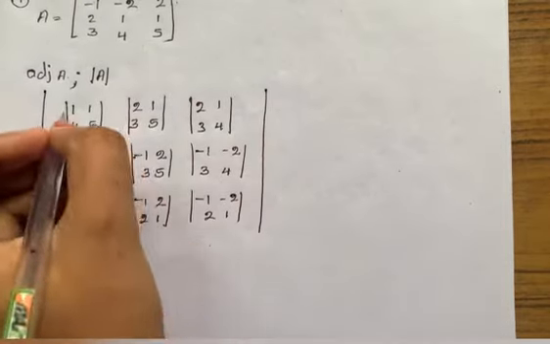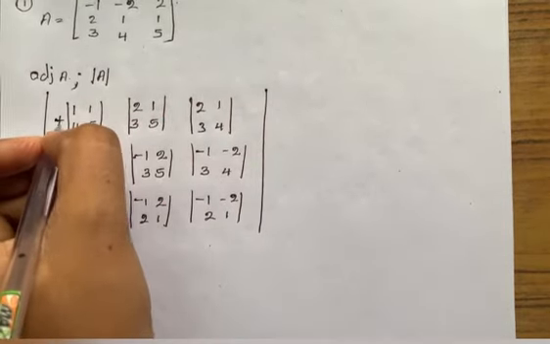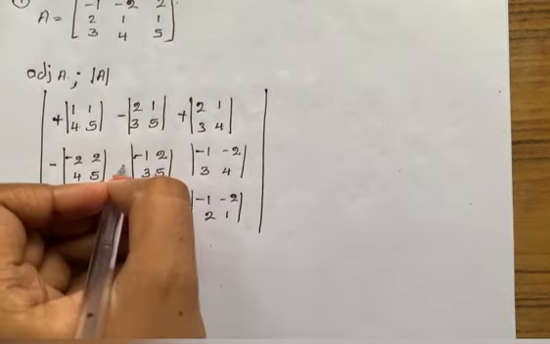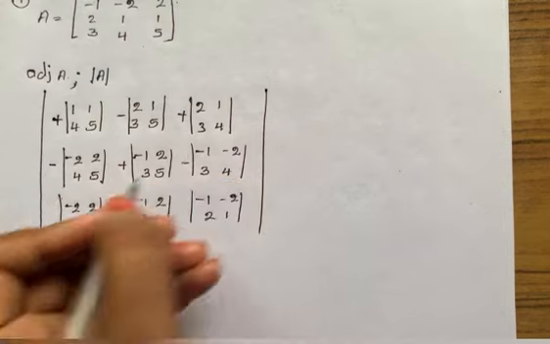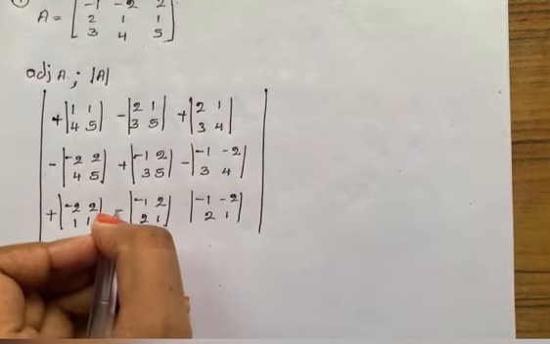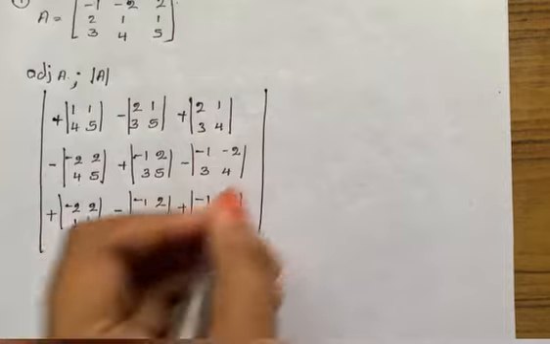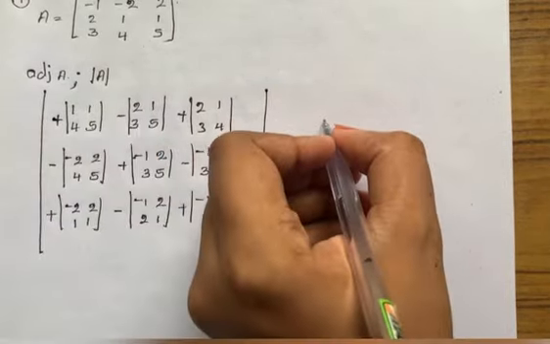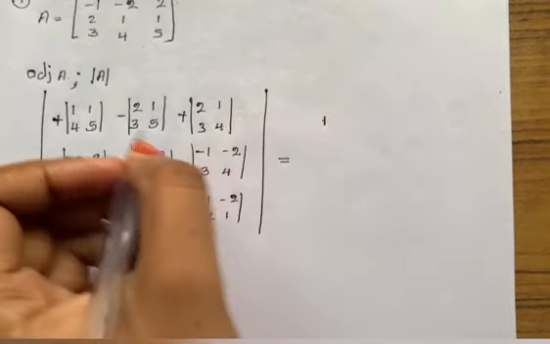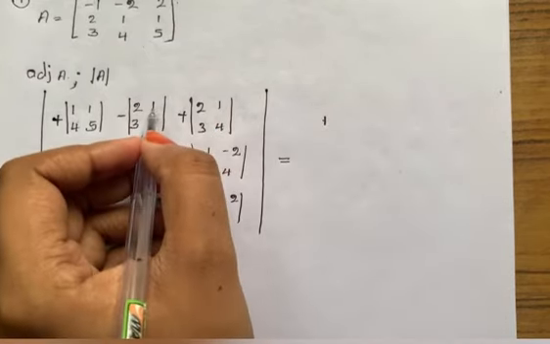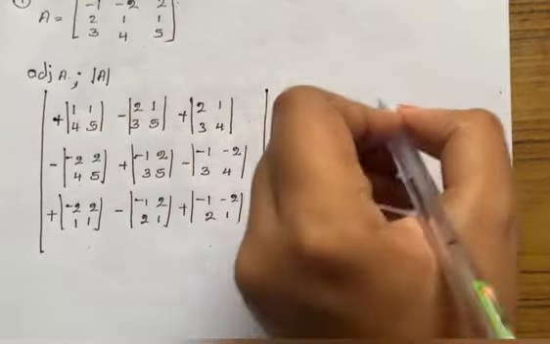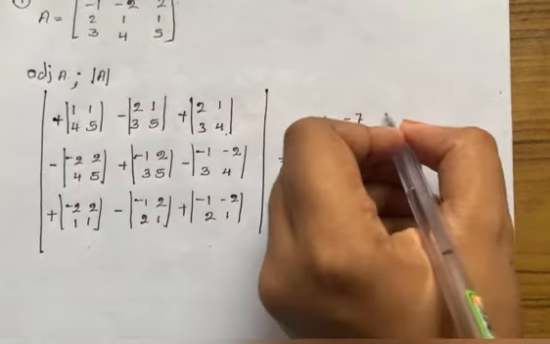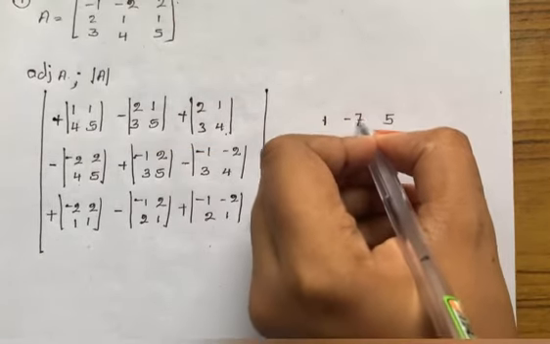So now we have to put the signs in front of them. So I'm writing the signs. For the second row, minus, plus, minus and plus, minus, plus. Okay, so now I'm going to find the values of the cofactors. So the first one is 1 and the second one is minus, so minus 7. For that one, 8 minus 3 is 5.